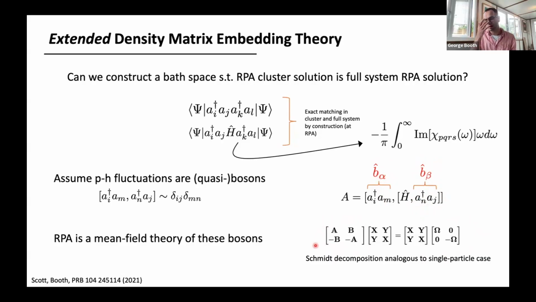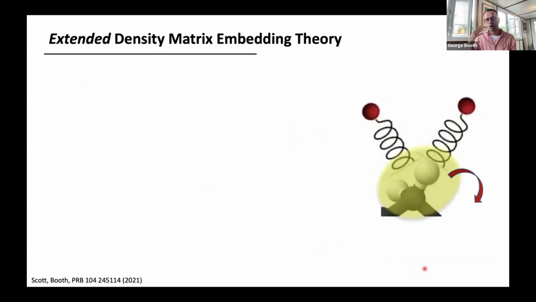Once we have a mean field-like theory, we can do the Schmidt decomposition entirely analogous to the single particle case that was used in density matrix embedding theory. I'm not going to go through all of the maths, I don't think that'll be instructive, but what we end up with is our fragment coupled to the original fermionic bath, which captures the one-body reduced density matrix at the mean field level.